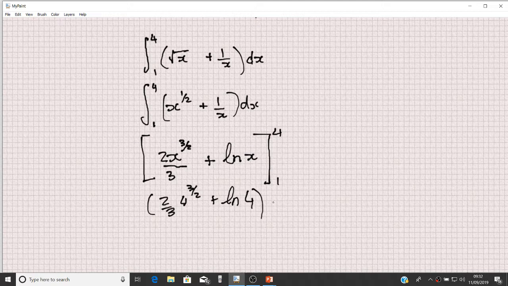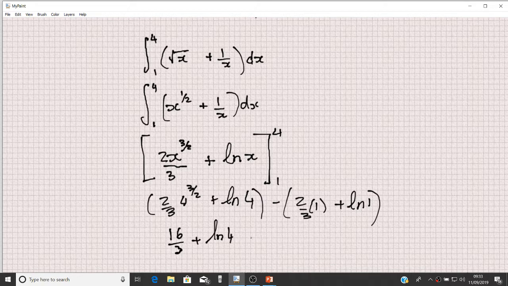And then I'll minus the lower limit, which is 2 over 3, subbing in 1, plus ln 1, which I know is 0. And that simplifies to, so we will have 4 raised to the power of 3 over 2 is 8. It's 16 over 3, 16 over 3 plus ln 4.